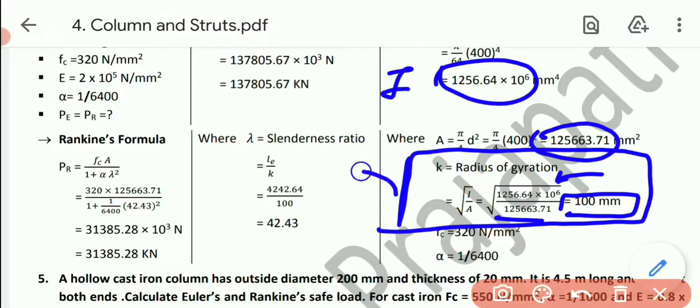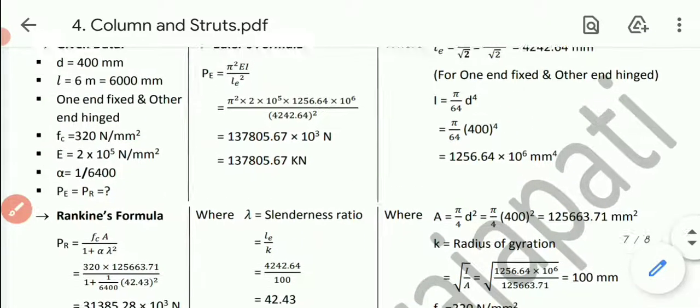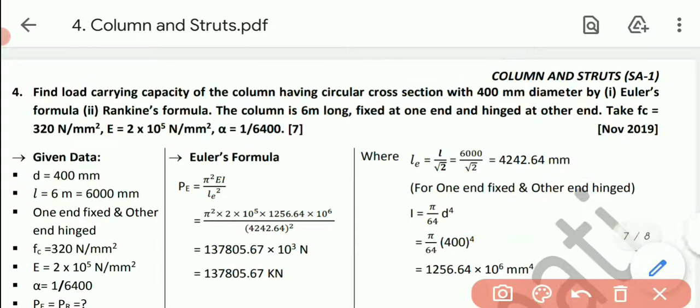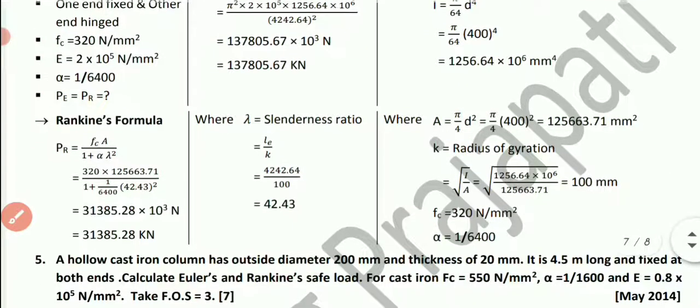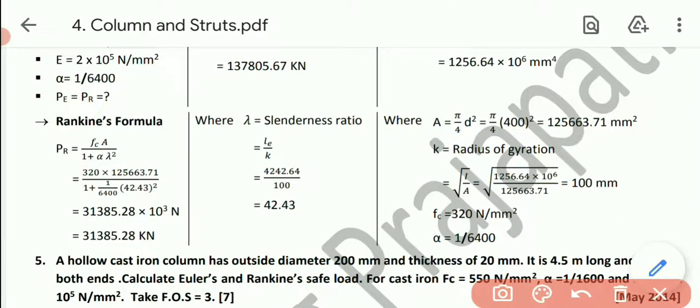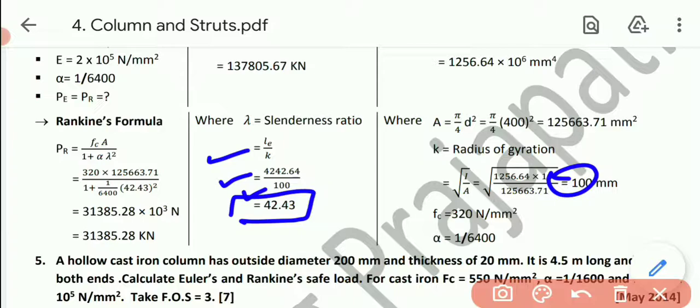Once I get the value of K, let's solve lambda. For that we need the value of Le. Le is over here, you can see 4242.64. Lambda is Le by K, Le 4242.64 and K that is 100. So ultimately I will get the value of lambda as 42.43.